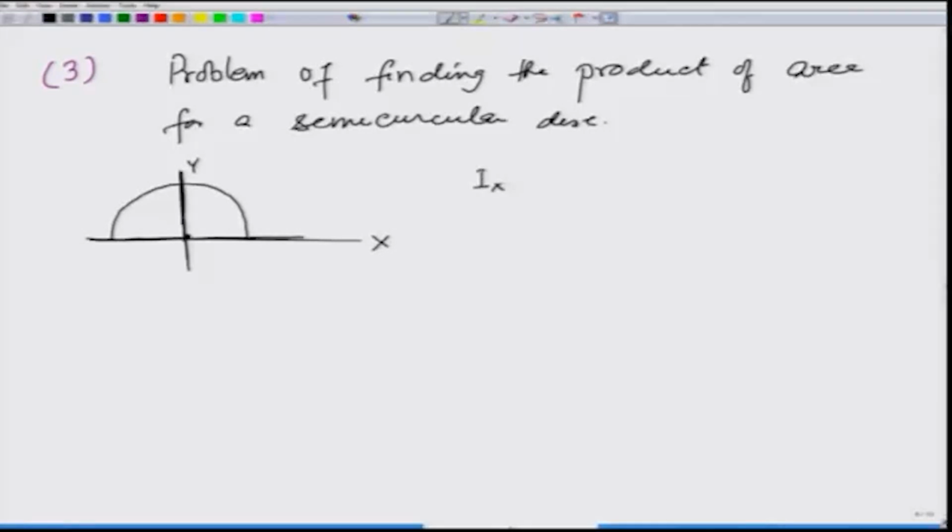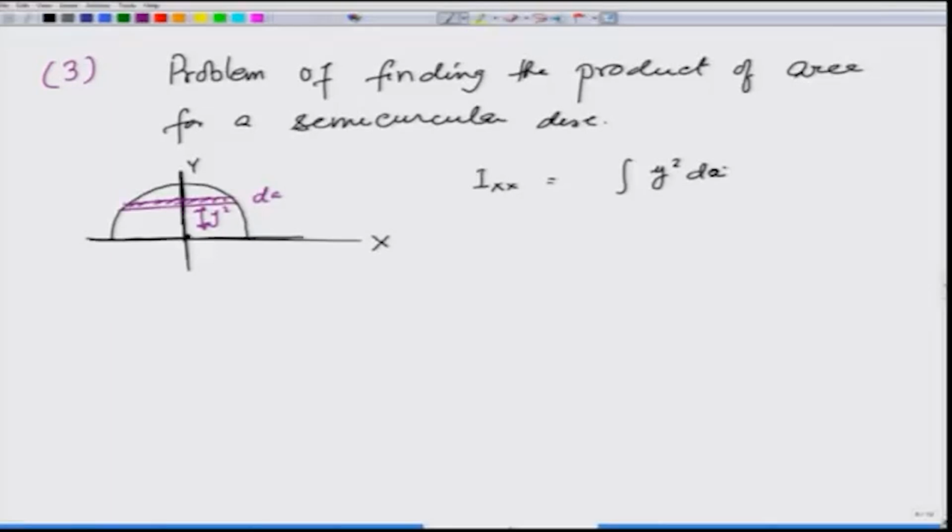Ixx is going to be integral y square dA. Since y is the same for this entire strip out here, which I am showing by purple color, I will take this area as dA, multiply by this distance y square, and then integrate.